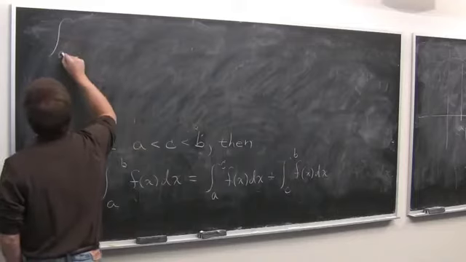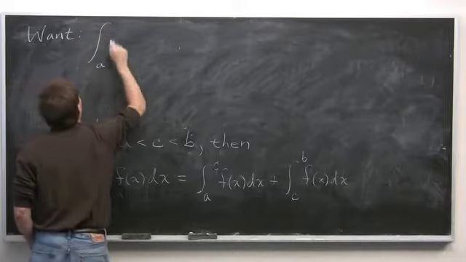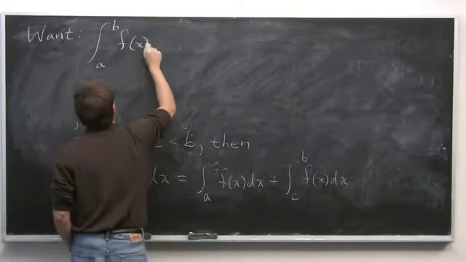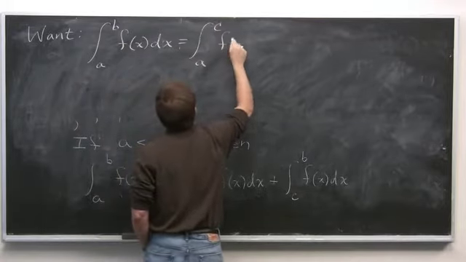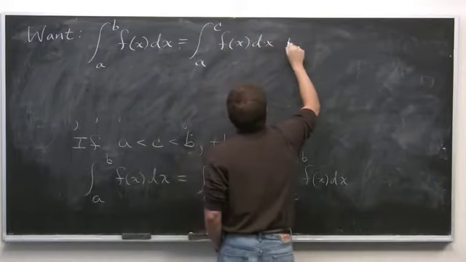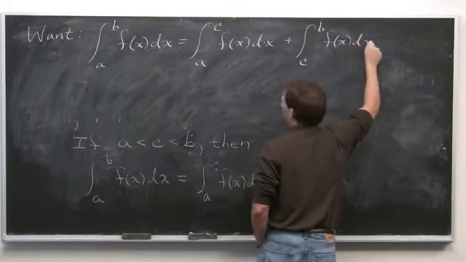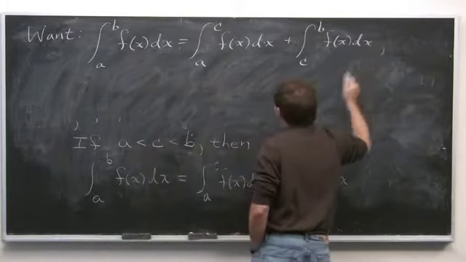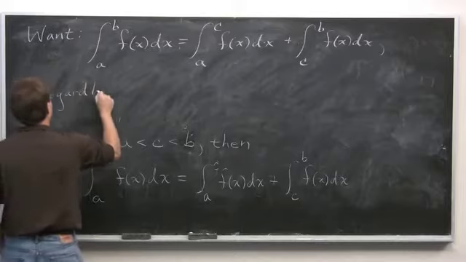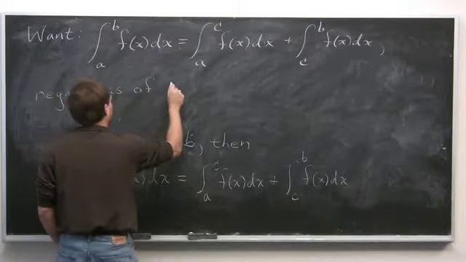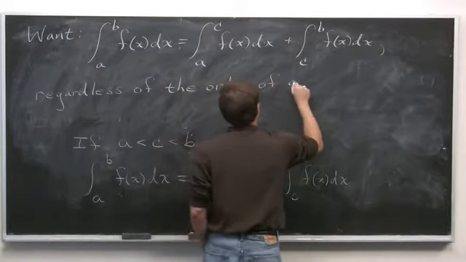So we want the integral from a to b of f of x dx to equal the integral from a to c of f of x dx plus the integral from c to b of f of x dx, regardless of the order of a, b, and c.